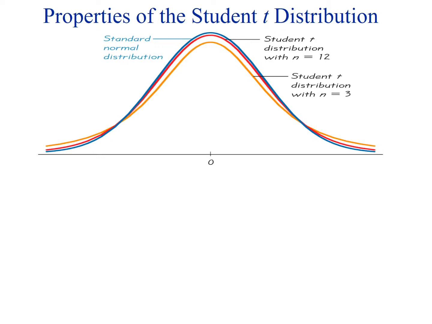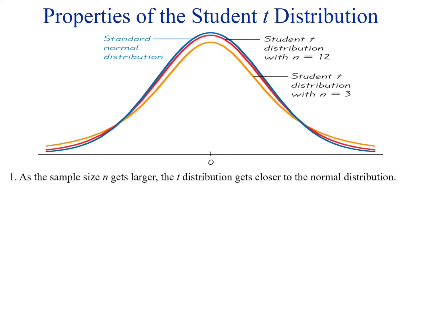So when we do not know the standard deviation of the population, like in section 2, we can use the standard deviation of our sample and use that to our advantage and learn more about the population standard deviation and the population distribution. So we're going to be talking about t distributions, and we have five criteria for a t distribution. As the sample size n gets larger, the t distribution gets closer to the normal distribution.